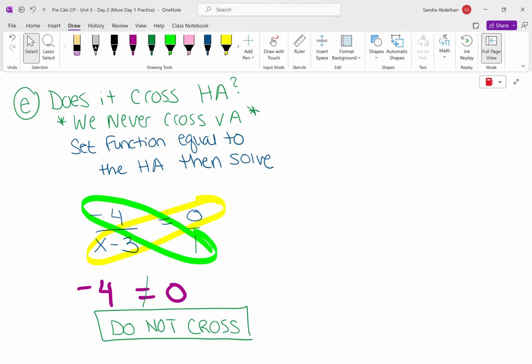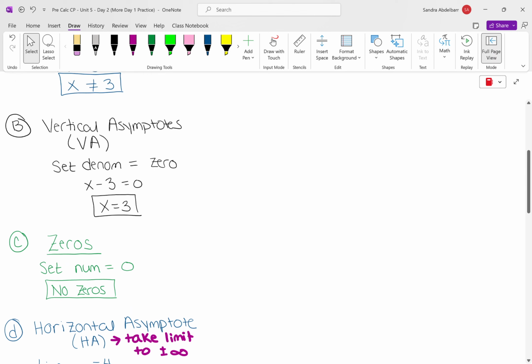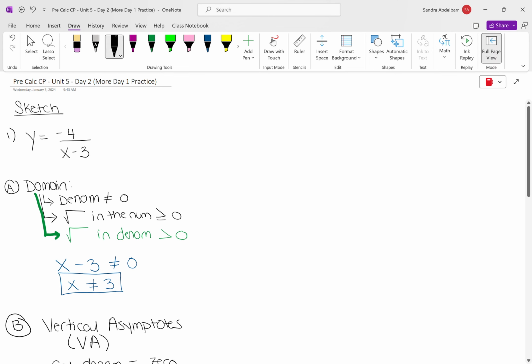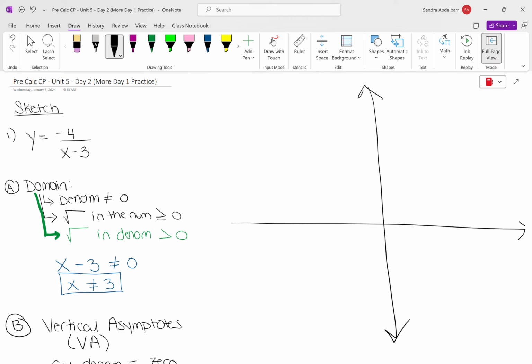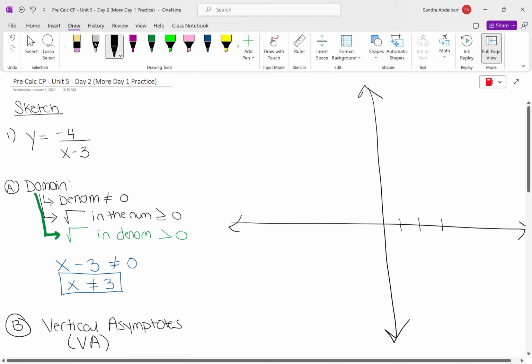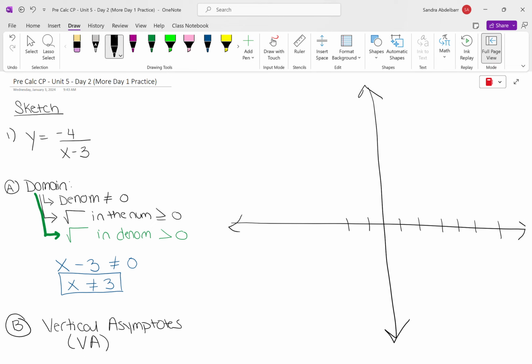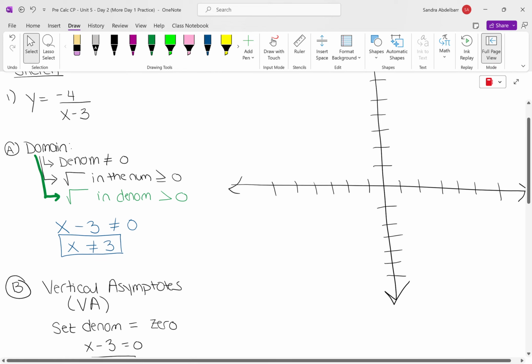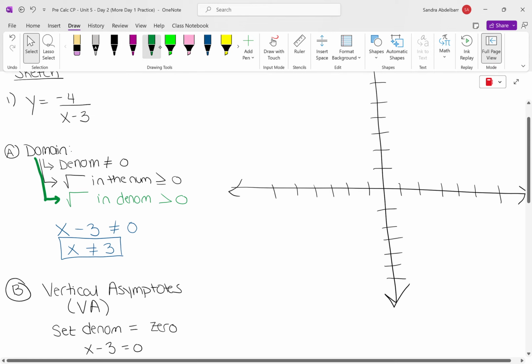Now we're ready to start our sketch. Okay, so let's go. All right, so we have a vertical asymptote at x equals 3.